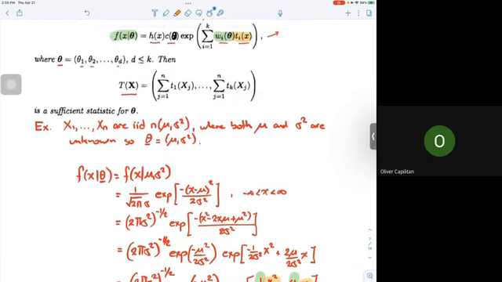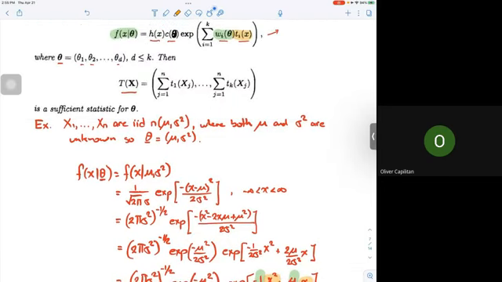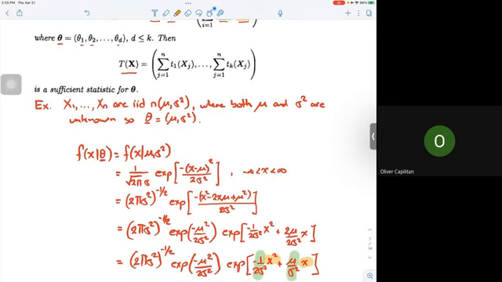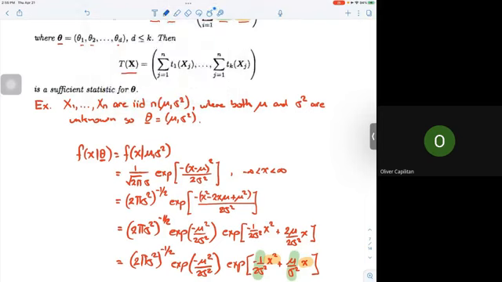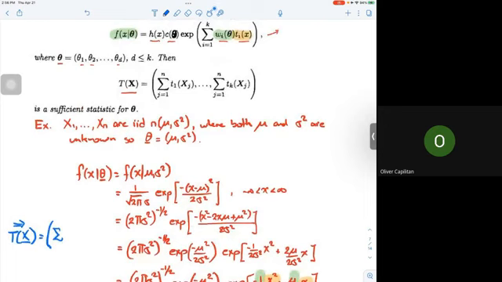So ibig sabihin ngayon, yung sufficient statistic natin, according to our theorem here, it's the summation. So dito ko na lang sulat blue na lang, para makita ko yan. So this implies that T of our sample X, we have a vector of the summation. Ano yung T sub 1 of the sample X?